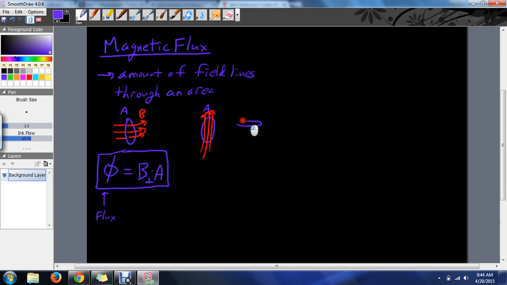Let's draw a horizontal circle here, and the field line is simply going along the circle. So it's not going through the circle. If it's not going through the circle, then the flux is 0.